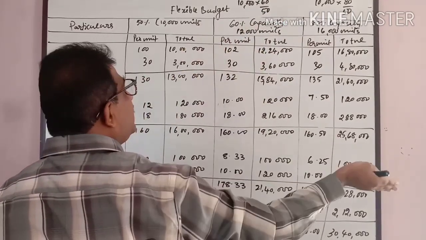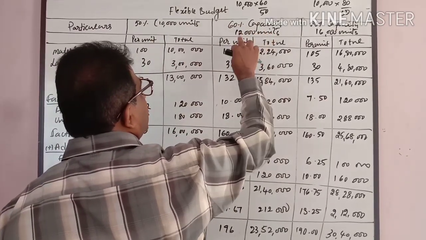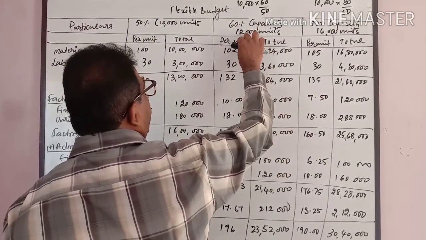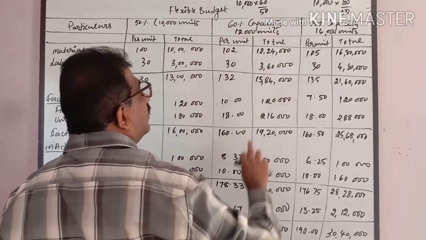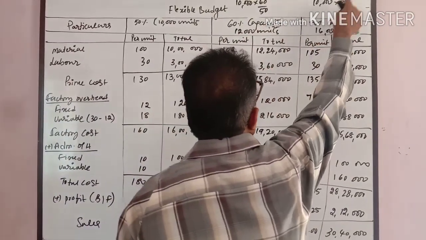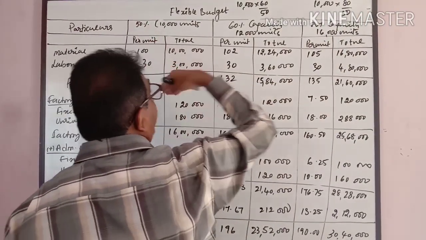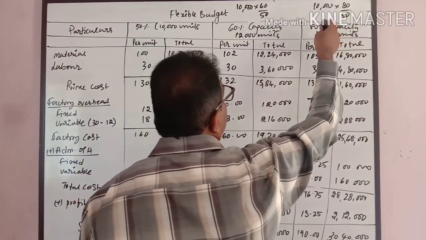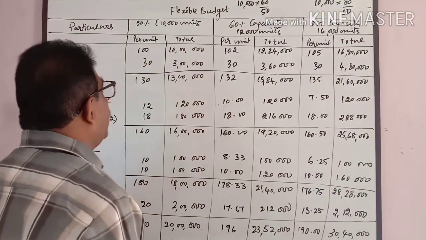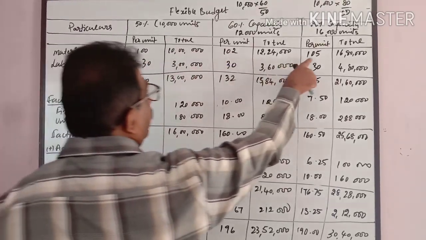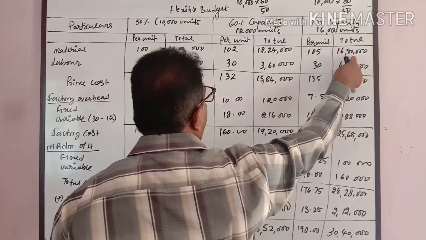When you increase your capacity of production from 50% to 60%, units also get increased to 12,000. Similarly here, 10,000 into 80 by 50, you have increased your capacity from 50 to 80%, so your production goes up to 16,000 units. 105 per unit, 105 into 16,000 comes to 16,80,000.